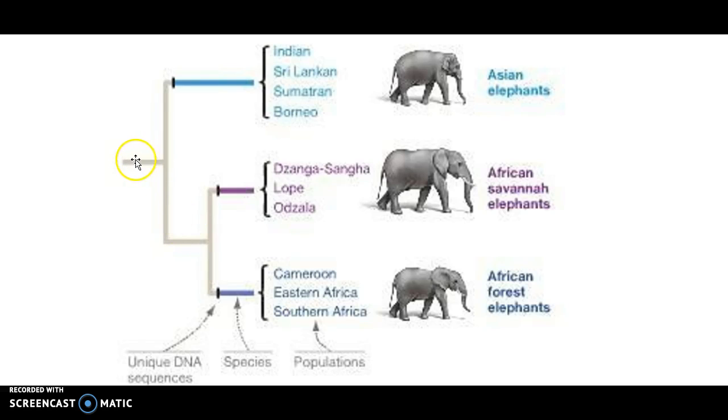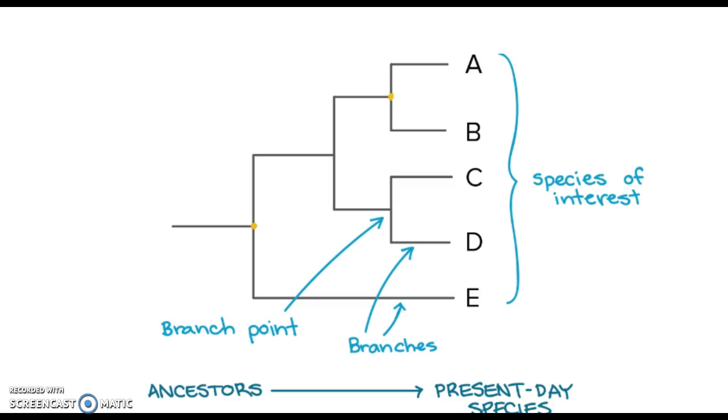And so here we can see that elephants might be more closely related to each other than, say, something else that might be branching off this phylogenetic tree at a more distance from each other. So in more general terms, this is how a phylogenetic tree really works, right? So at the very ends of the branches, you might have species A, B, C, D, and E. And so the branches basically depict how similarly related or how similar the DNA sequences are of species.